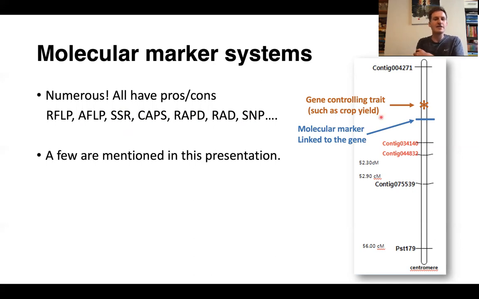And again, these marker systems, hopefully not to confuse you, all do the same thing. This star here is what we're looking at, and here is a chromosome. This can be a plant, this can be an animal, this can be a pathogen, a fungus, a bacteria.